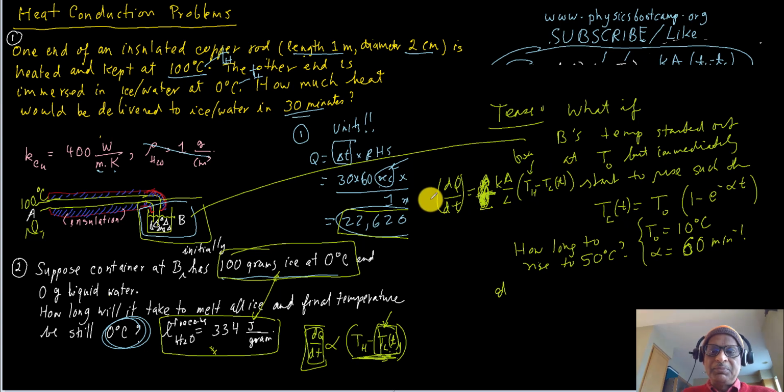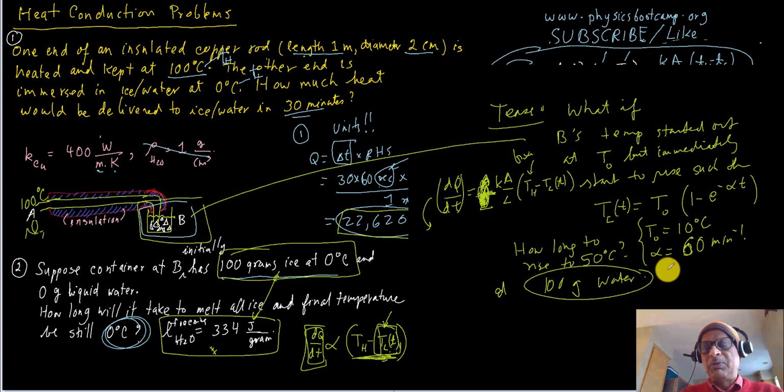Now suppose you had 100 grams of water, and I give you the specific heat of water as 1 calorie per degree Celsius per gram.